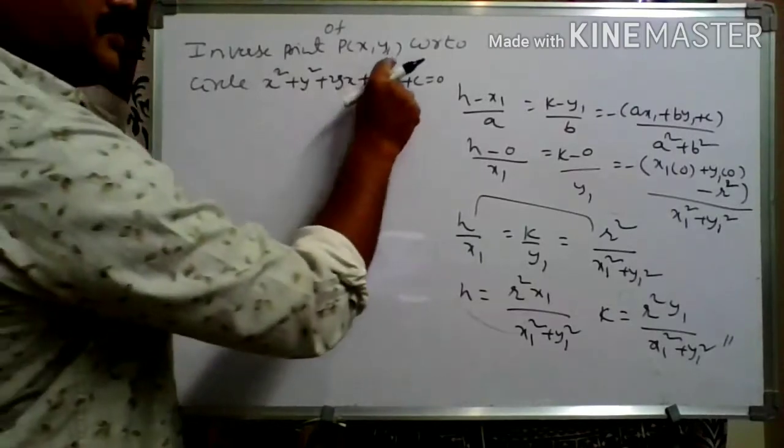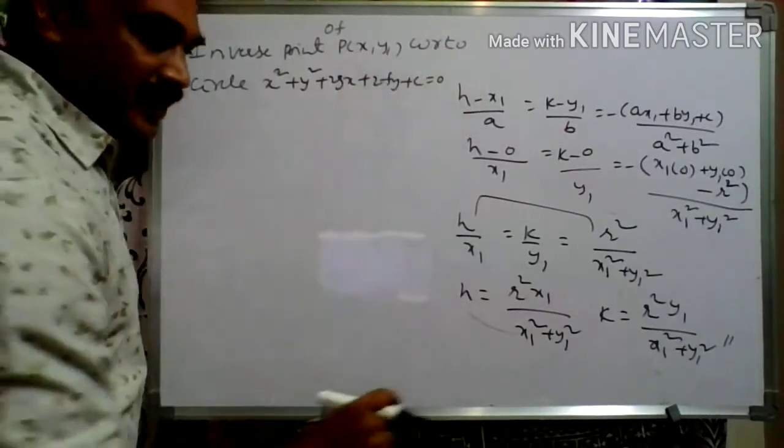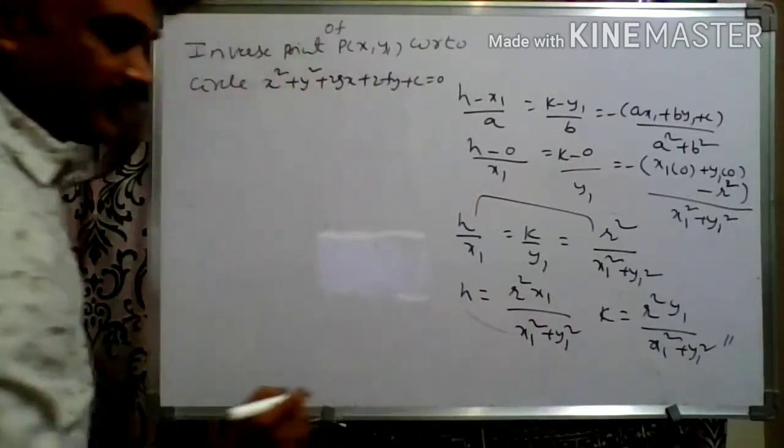So the inverse point of x1, y1 with respect to the circle x square plus y square is r square x1 by x1 square plus y1 square.